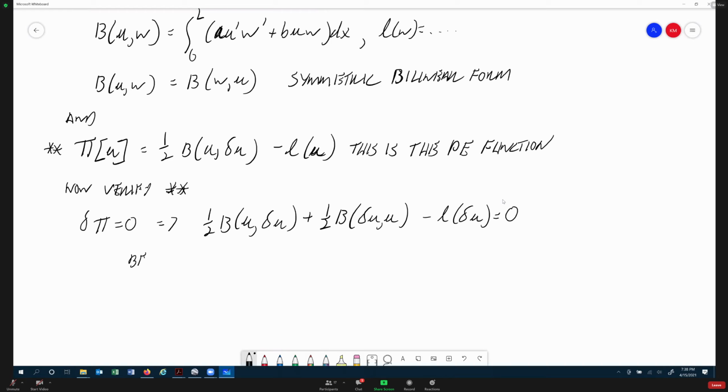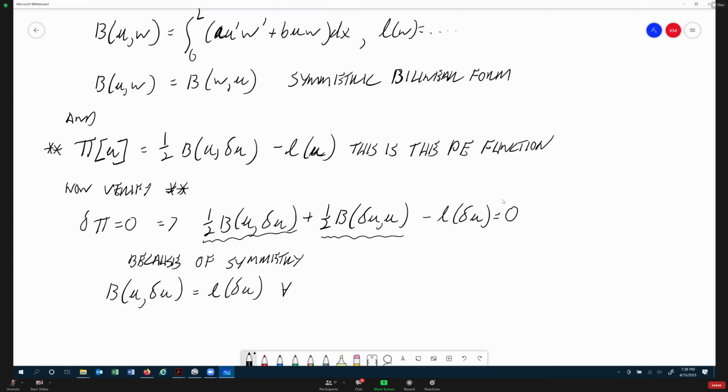And because of symmetry, we can state B(u, delta u) is equal to L(delta u) for all delta u contained in our V space.